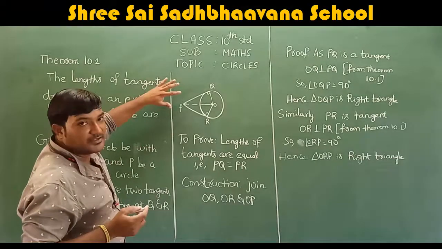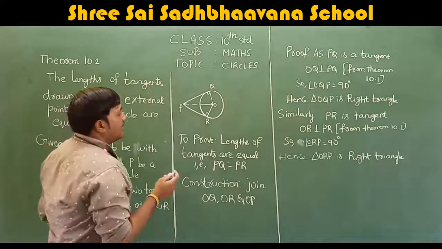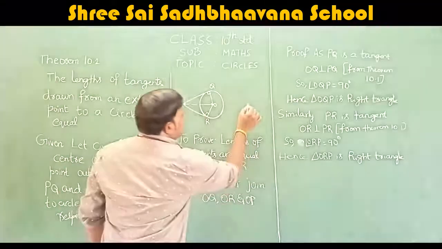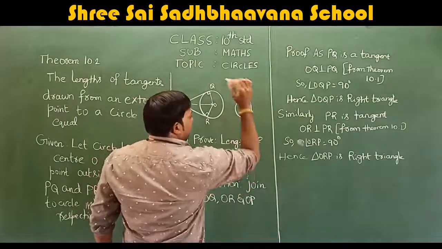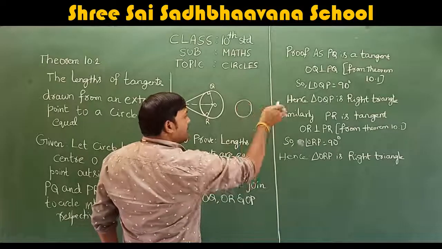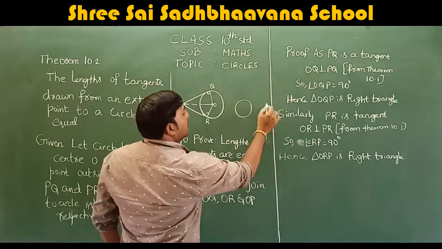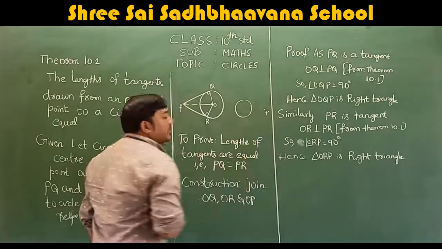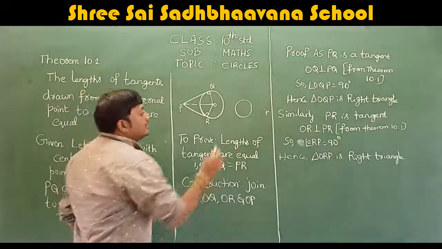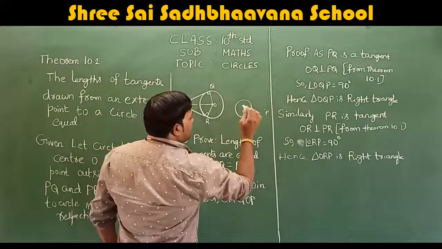I'll explain briefly. This is a circle, and we are taking any point outside. Remember, outside, not inside the circle. Imagine outside you are taking one point P, and this is the center O of the circle.